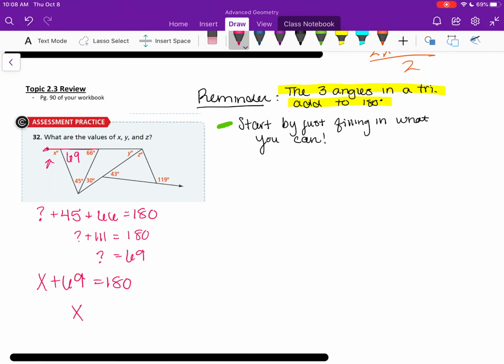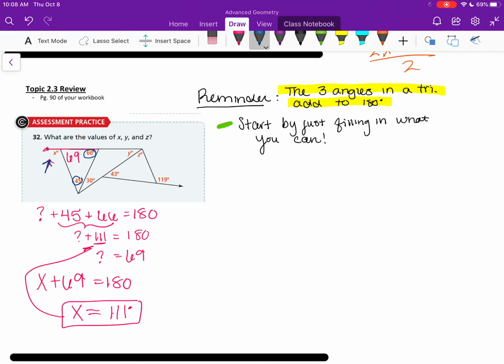So if I do that subtraction, x has to equal 111 degrees, which if you look, that's what those two angles added up to be, and that's one of the theorems we learned in this section: the exterior angle is equal to the sum of the two interior angles.